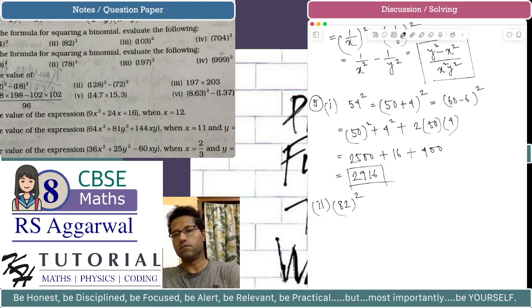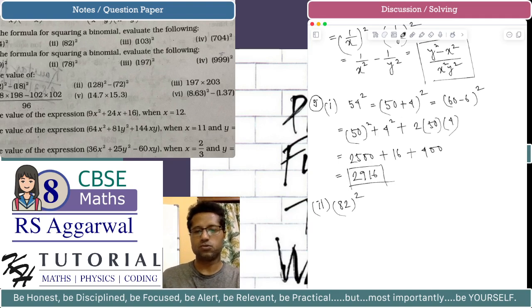This would also work because 60 minus 6 is also 54. So 82, you have to write in the form of a plus b or a minus b, so that it is convenient to compute a square and b square. So I can write it as 80 plus 2 whole square.